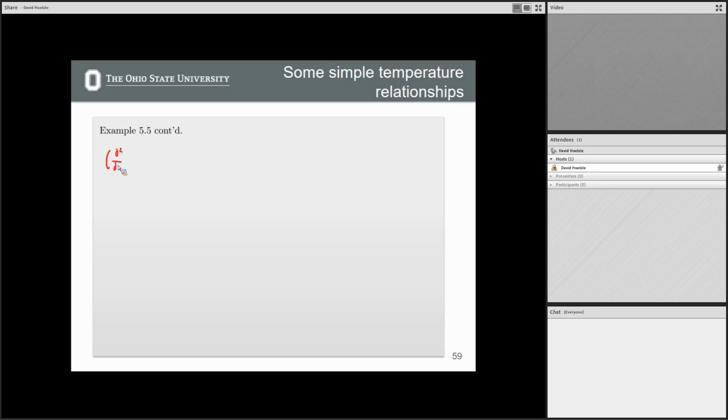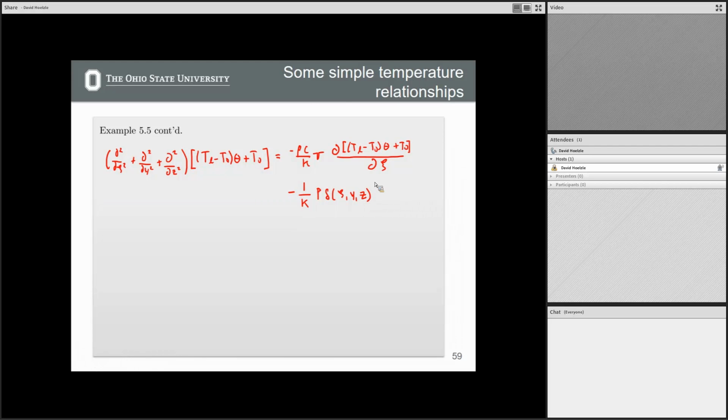I'll do this in long form just so you can see what's going on. With that amount of time, I'll show you how the PDE changes in terms of being non-dimensional.